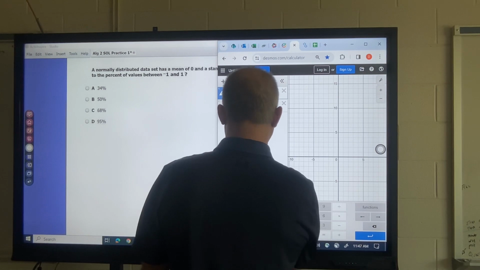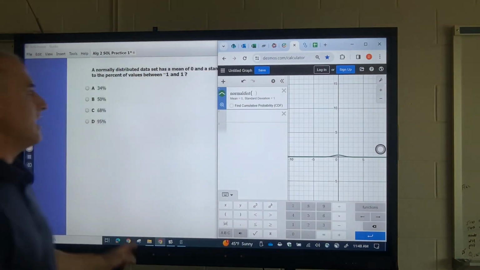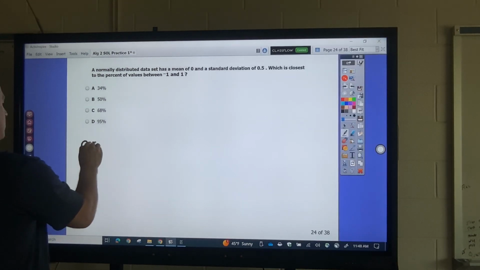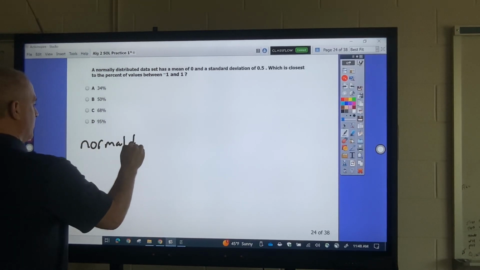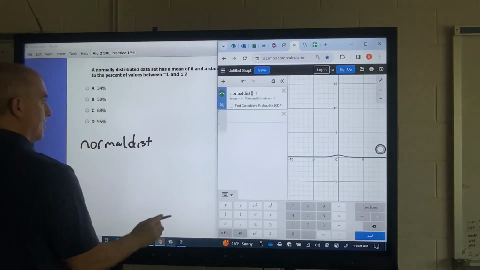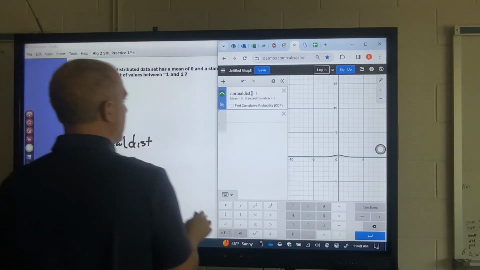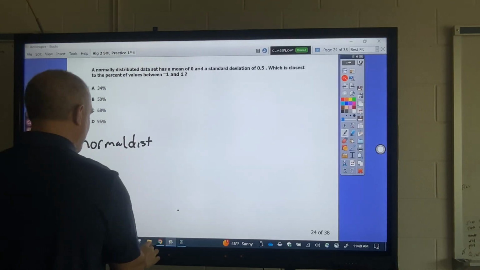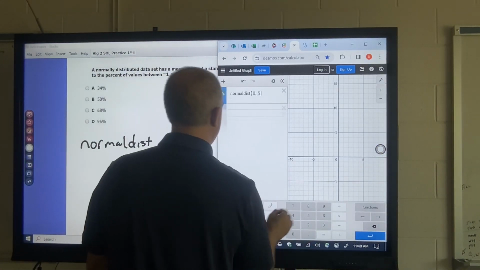I think if you put the parentheses here, yep. So type normal dist for distribution, and the thing will prompt you. Mean is the first number, so that is 0. The standard deviation is the second number, which is 0.5.